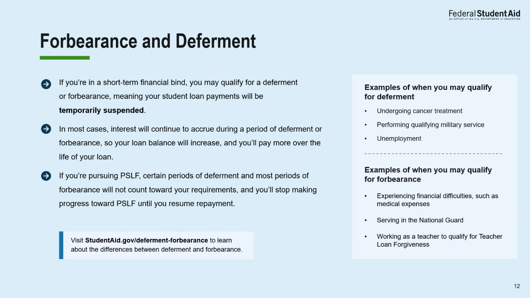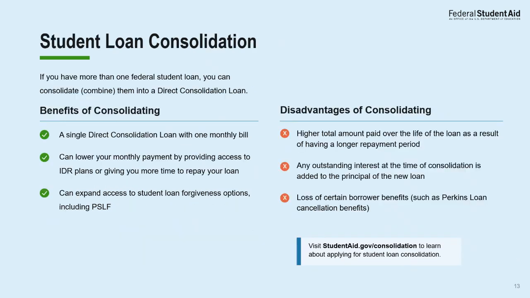Now, earlier I talked about loan consolidation application now being available. And if you're not familiar with loan consolidation, let's talk a little bit more about it here. If you have more than one federal student loan, you can consolidate, which means to combine them into one direct consolidation loan.